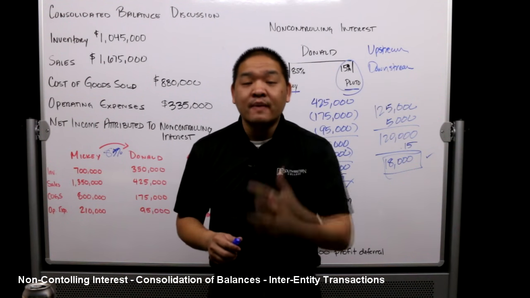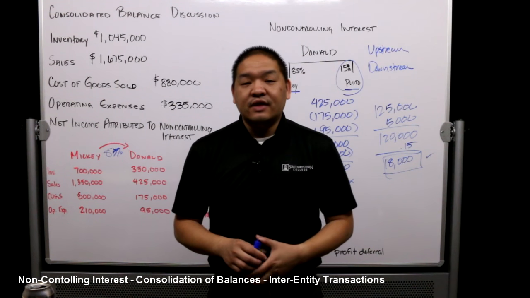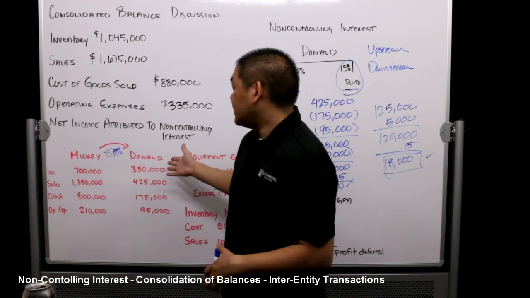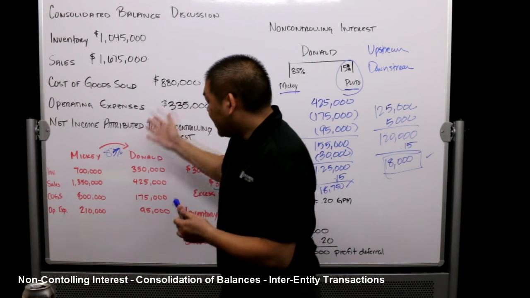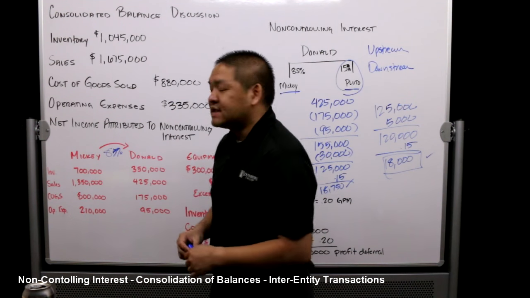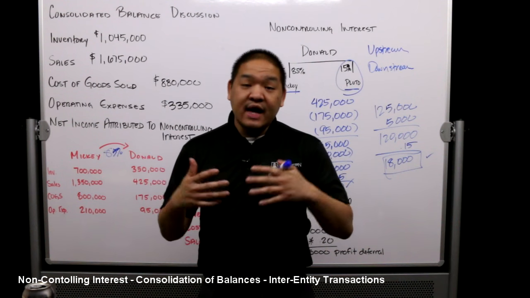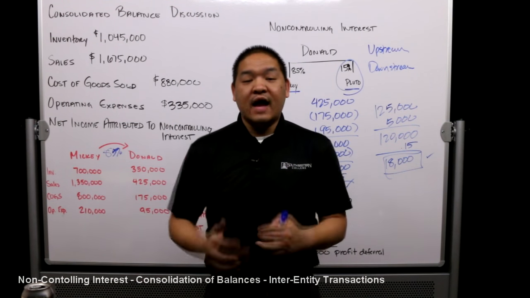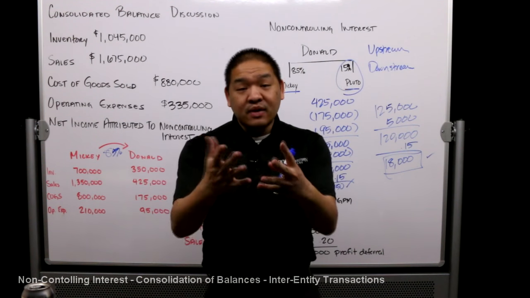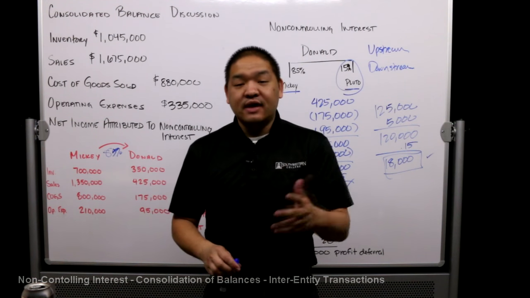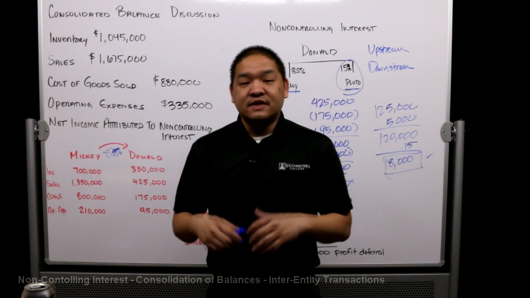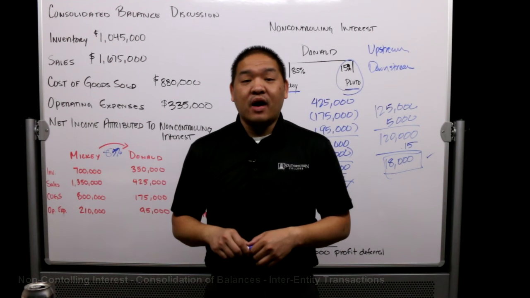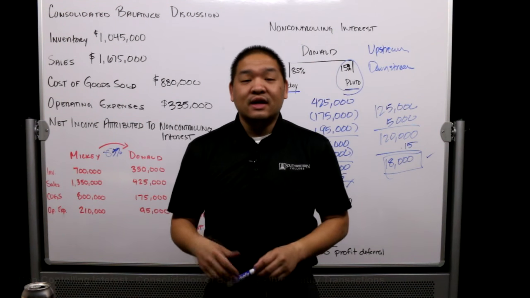It's that deferral because the parent or the subsidiary is not selling the goods that had an intra-entity transaction to a third party. So hopefully you get that. Hopefully this makes sense. That will complete one of your examples. In the next video, we'll go through another discussion of how to solve that problem, and we'll see you in that video.